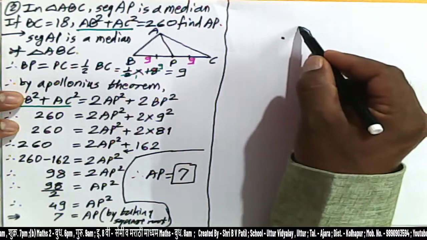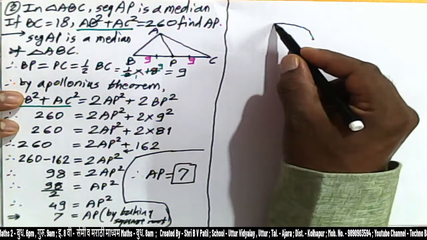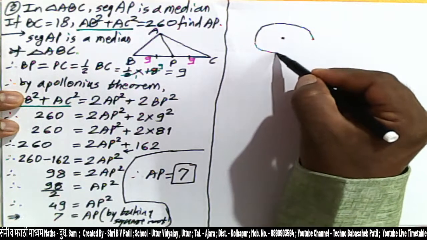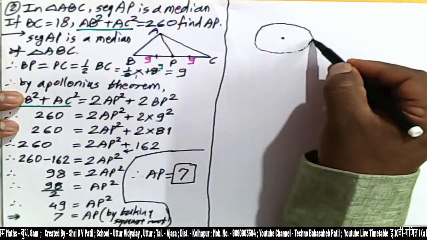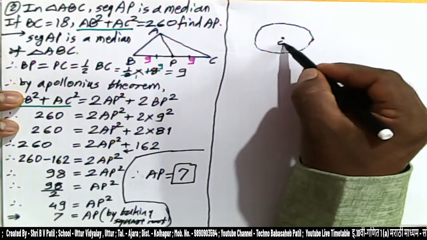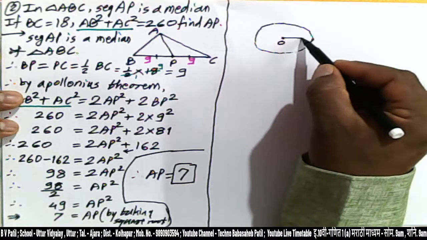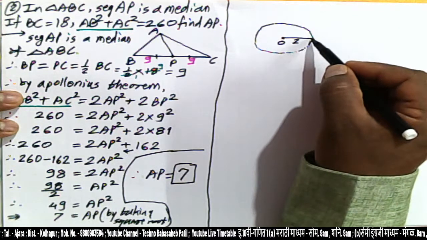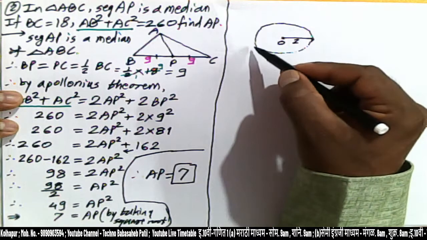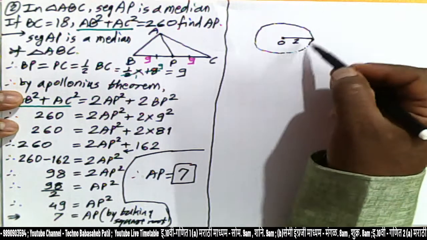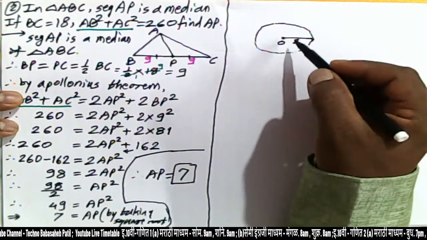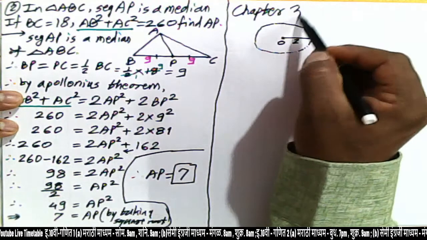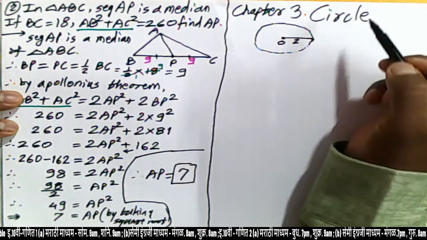We get many points at distance 2. Here O is one point, and there are many points at distance 2 from it. That set of points is called a circle. Today we discuss chapter number 3, circle.